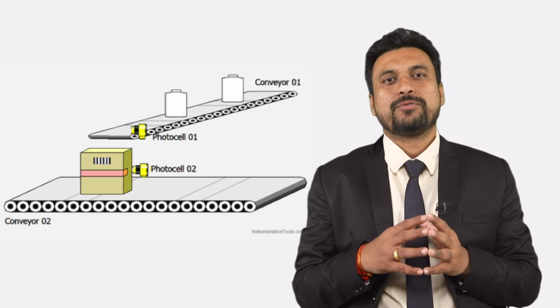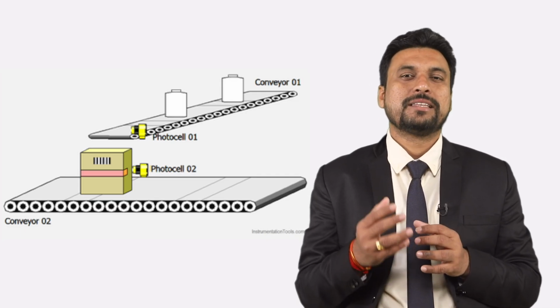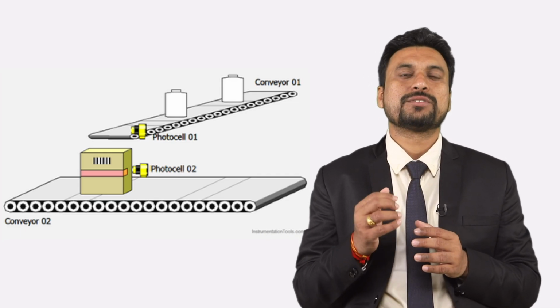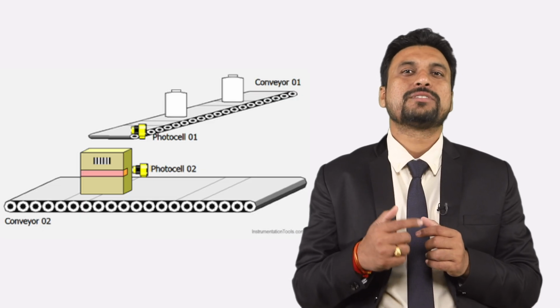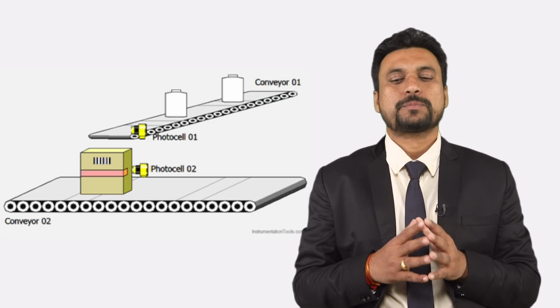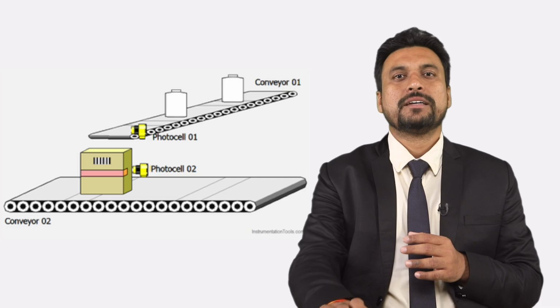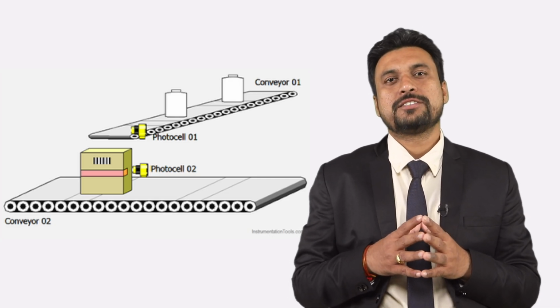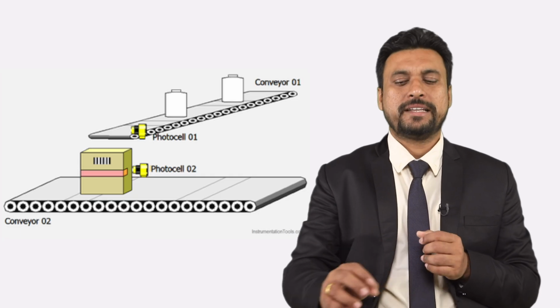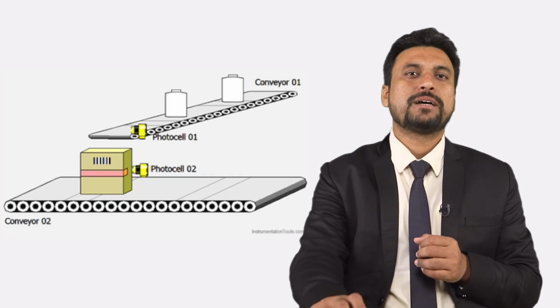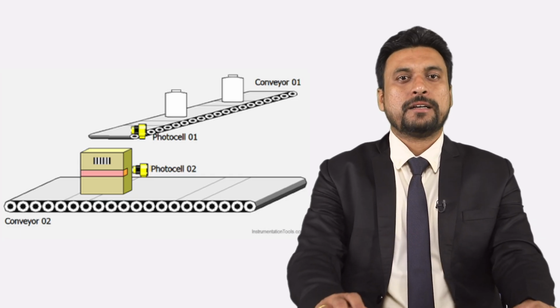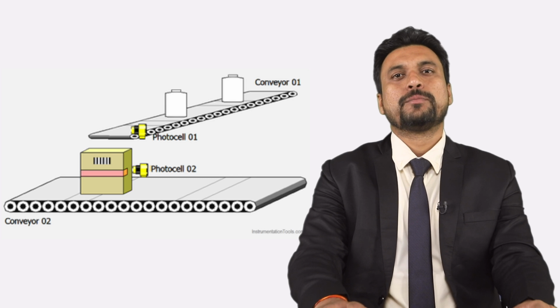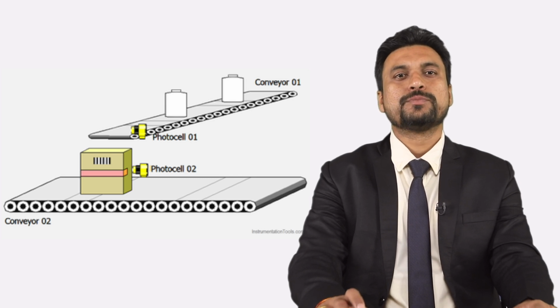Meaning if I want 5 counts, then I provide the accumulator value as 4, then it counts the 5, right? In a similar way, I use the comparative instructions and their examples in this program. I think this programming is clear to you.